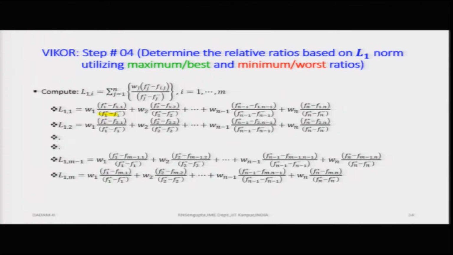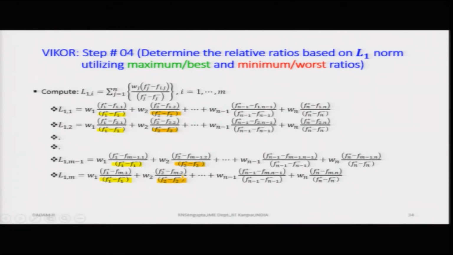Max min for the first, similarly max min for the first, max min for the first, max min for the first. Then I will try to utilize the ratio of the maximum to second, second, second, second.